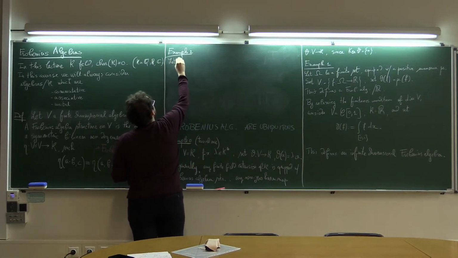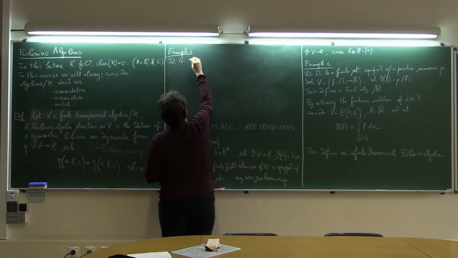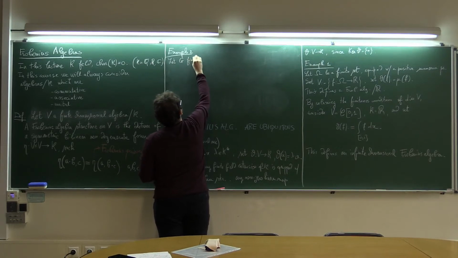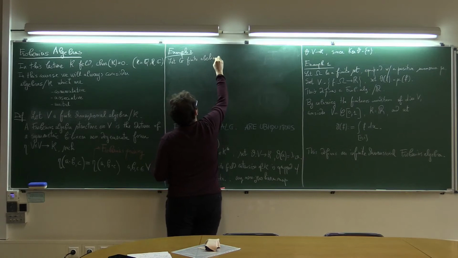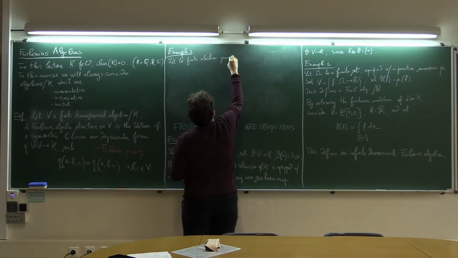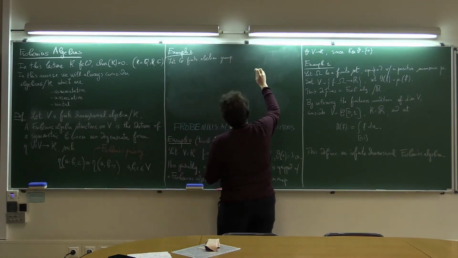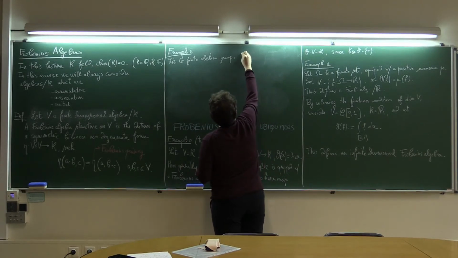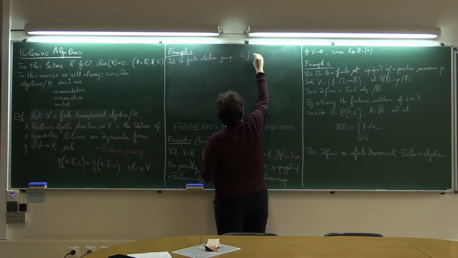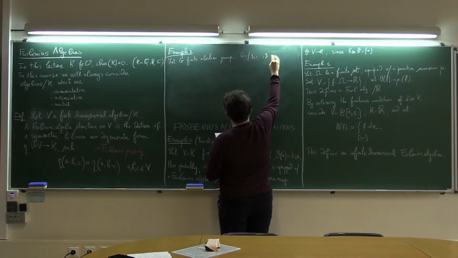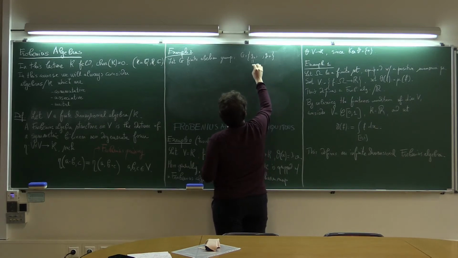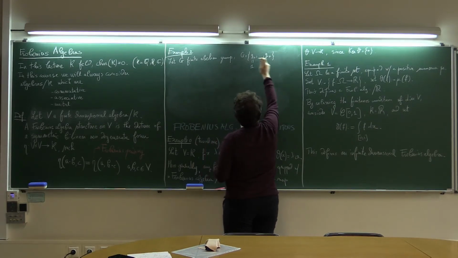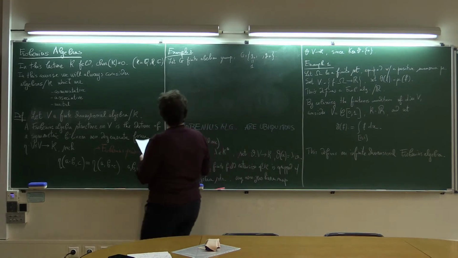Let me consider a finite abelian group G, say, let's enumerate the elements of G, and G0 assumed to be the unit of G.